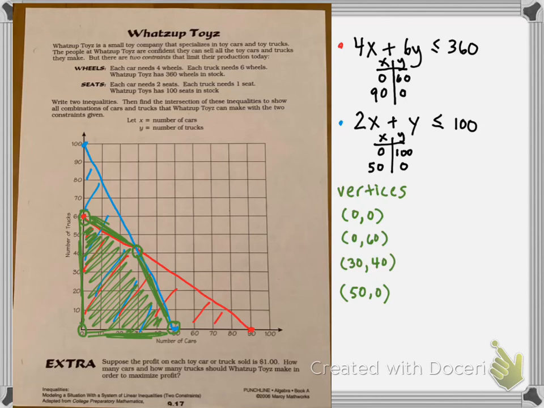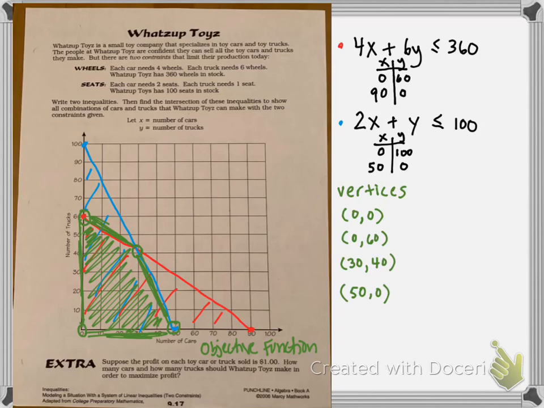At this point, I need to write my objective function, and that objective function comes from this information here at the bottom. So let me write the objective function. All right, it says suppose the profit on each toy car or truck sold is $1.